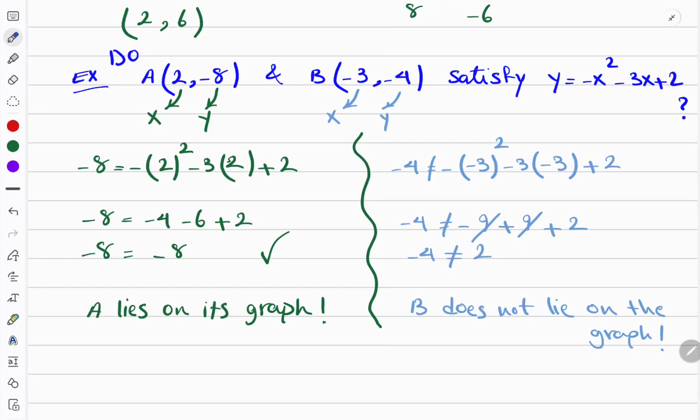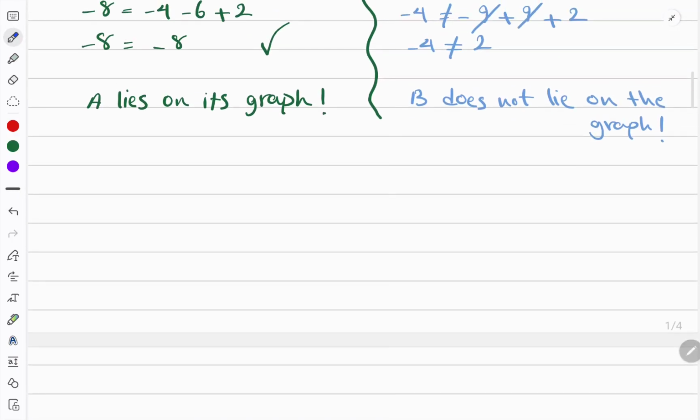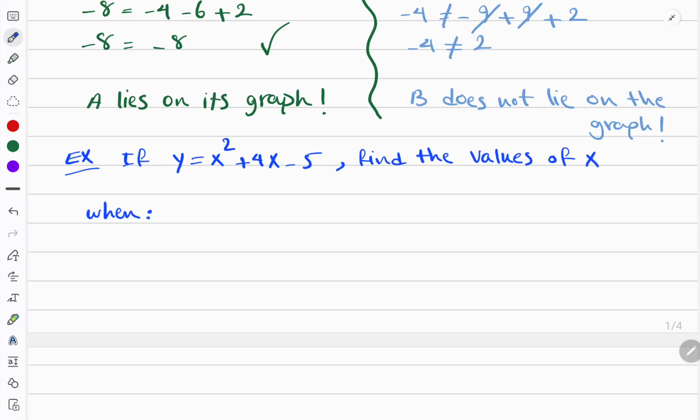Okay, as I said before, for any known values of x, we can find y values by substituting. And we can reverse this process, which means we can also substitute a value for y and solve for x. If y is x squared plus 4x minus 5, we are going to find the values of x when y is 0.